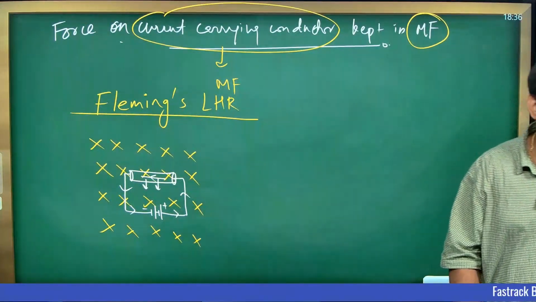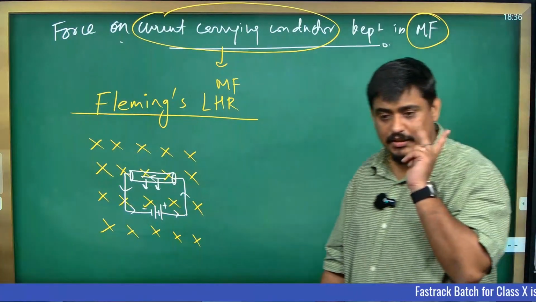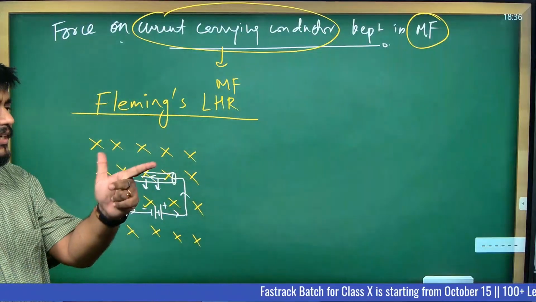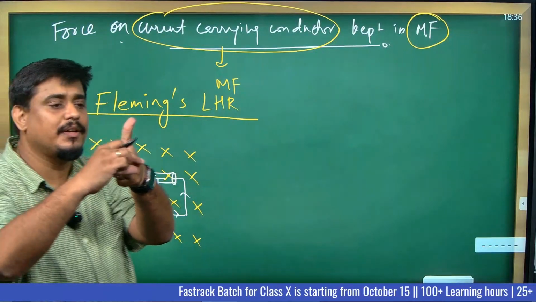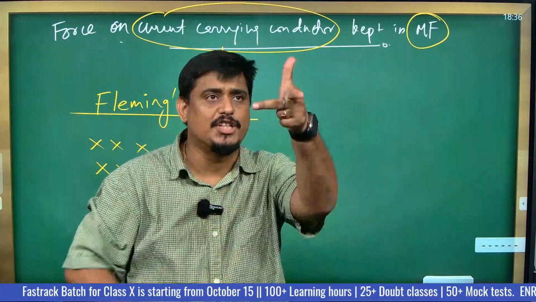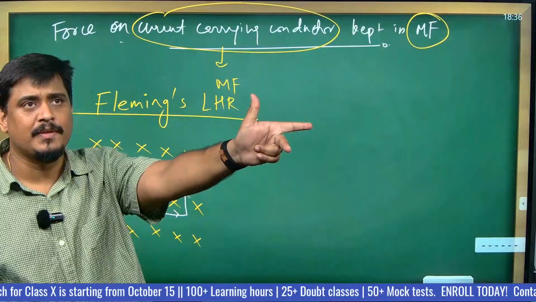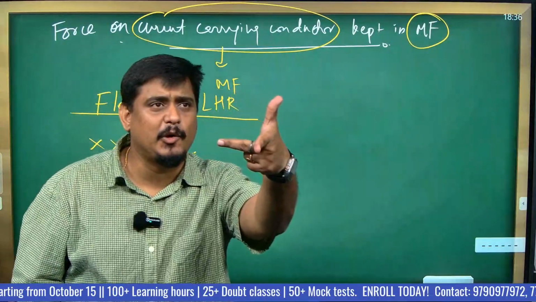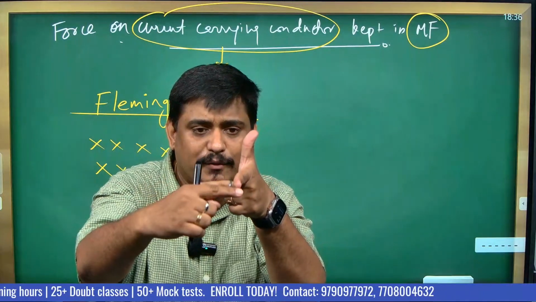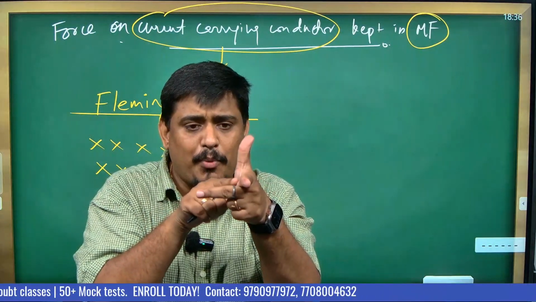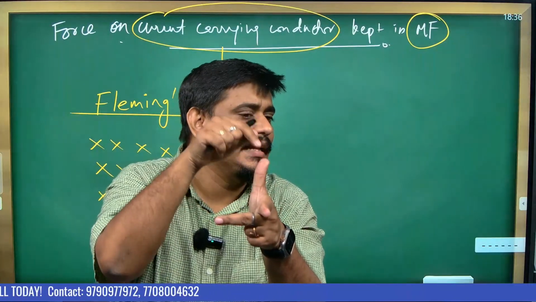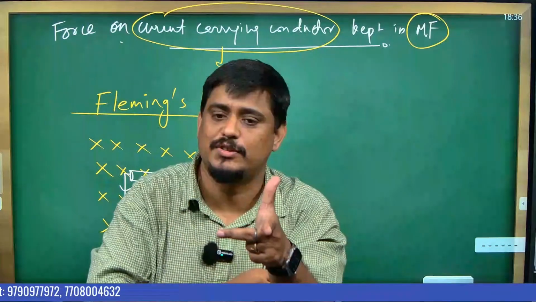I'll repeat this, for those who are getting confused. The direction of force is given by Fleming's left hand rule. This rule says that extend your first finger, middle finger and thumb perpendicular to each other, like how I am doing. First finger pointing towards direction of magnetic field, middle finger pointing towards direction of current, wherever thumb is pointing, that is the direction of force.